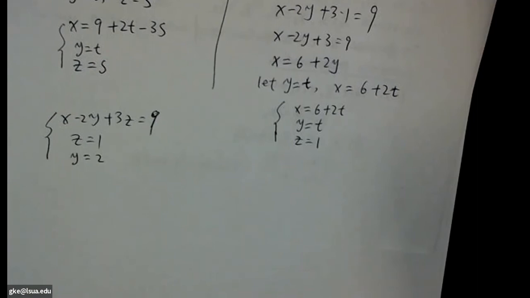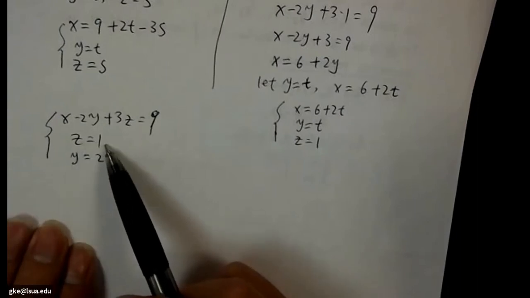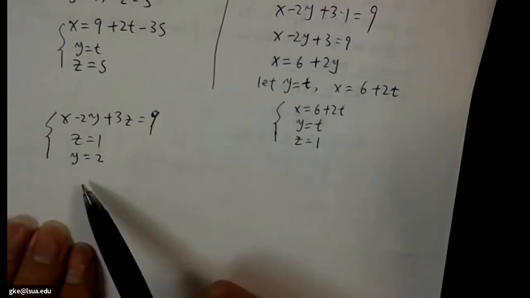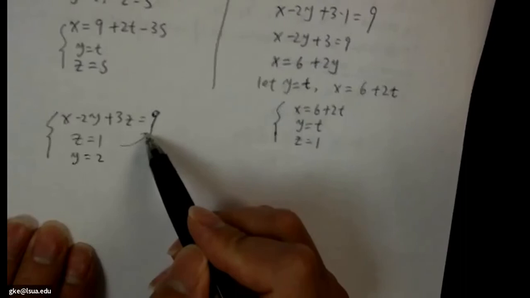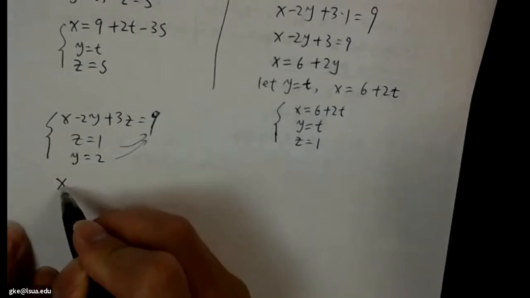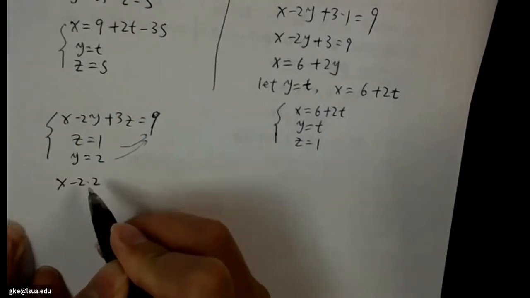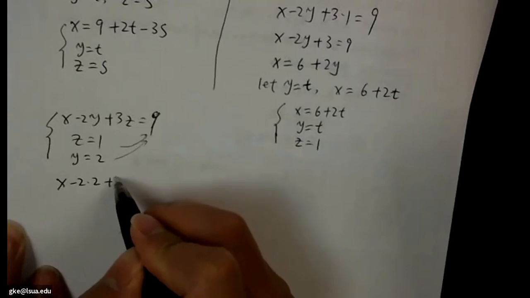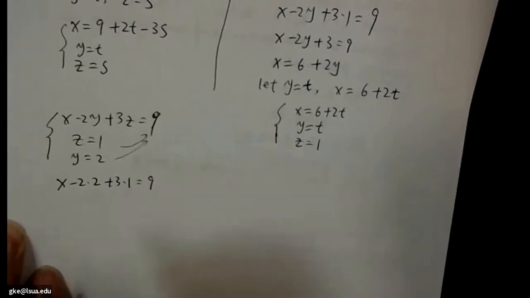You good? Okay, very good. So we do similar things. Here I already defined z equals 1, y equals 2. What are you going to do? Just plug into the first equation. And we're going to get x minus 2 times 2 plus 3 times 1 equals 9.